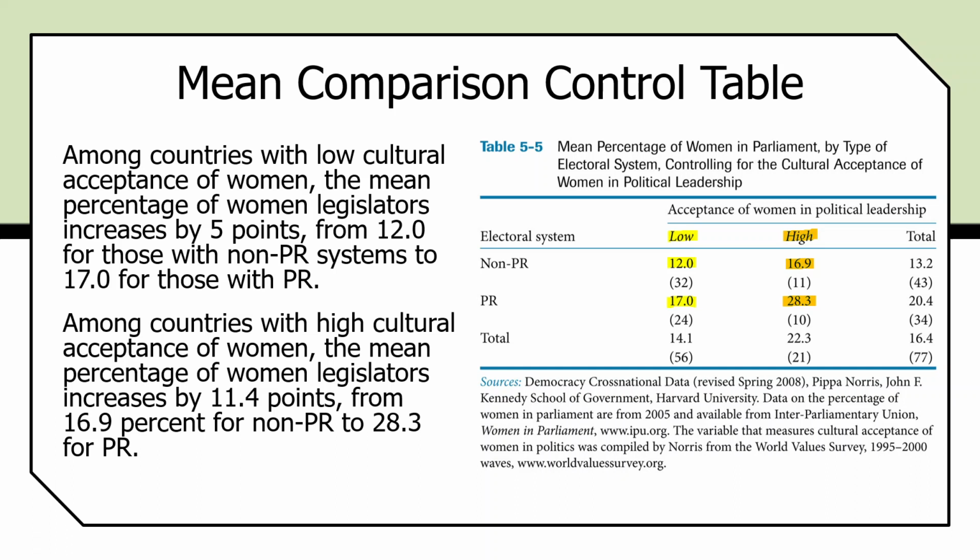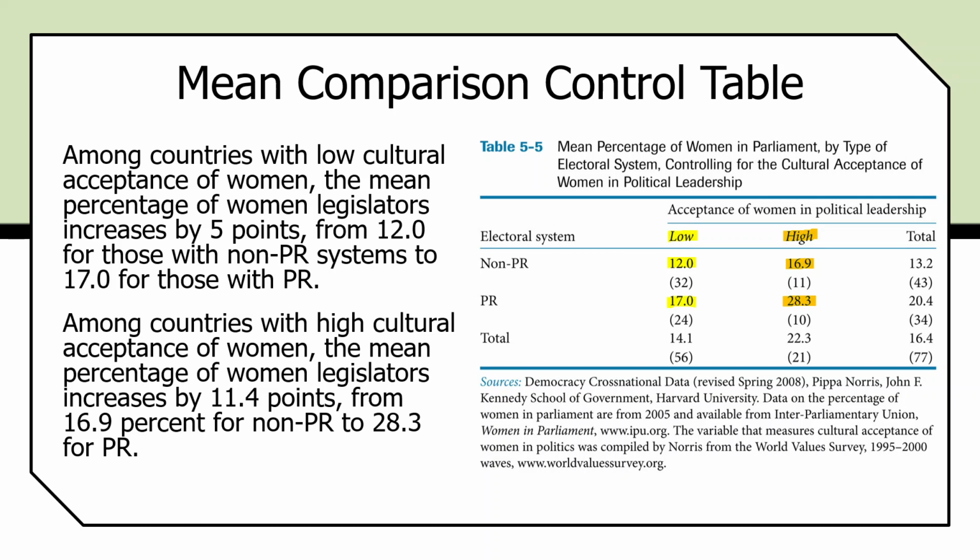So can we fairly summarize these two differences, 5 and 11, into a single partial effect? And the answer is no, that wouldn't be fair. That wouldn't be accurate. So we know we're dealing with a case of interaction.